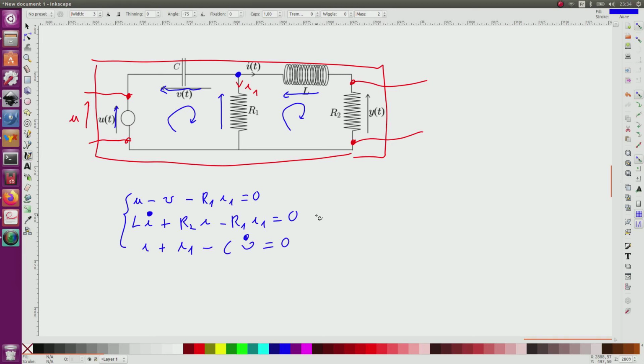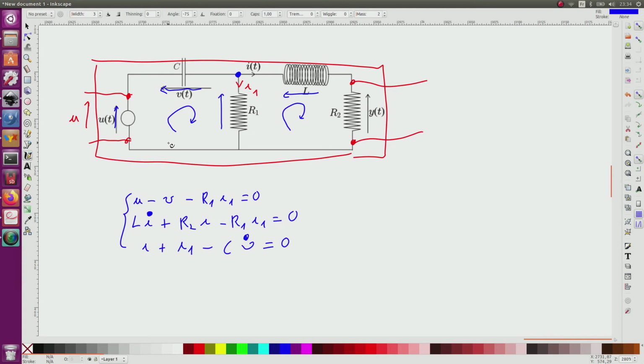So intuitively we can understand that the memory of the system corresponds to the capacitor charge here, and the electromagnetic flow in the coil here. Indeed, if the values are known at time t equals 0, if I know the input U, we can understand that the future of the system is determined in a unique way.